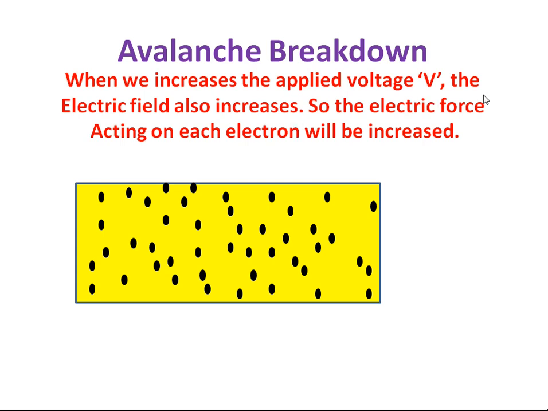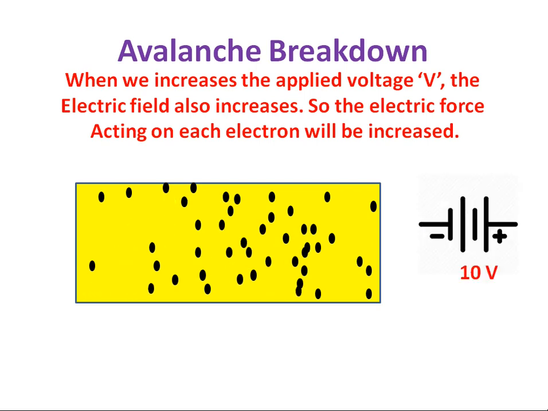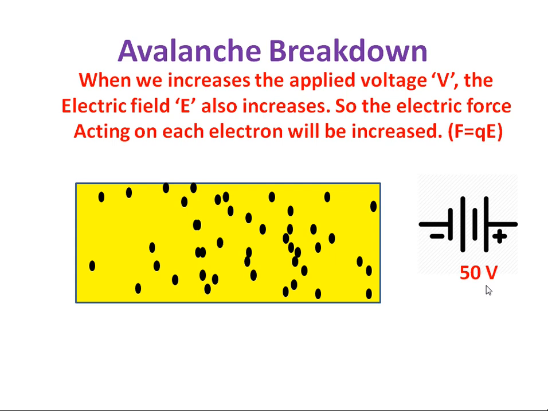When we increase the applied voltage V, the electric field also increases. So the electric force acting on each electron will increase. Now I am applying 10 volt. It will produce a small electric field, so this will be the velocity of the electron. Instead of 10 volt, if I apply 20 volt, the electrons are moving at a very fast rate. If I apply 50 volt, this will be the acceleration delivered to the electrons.